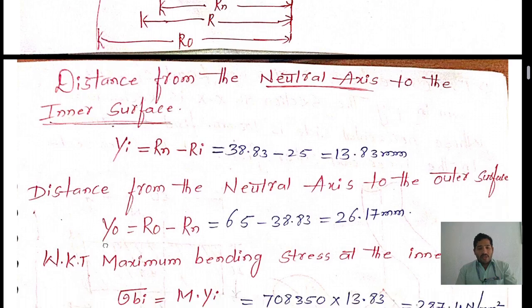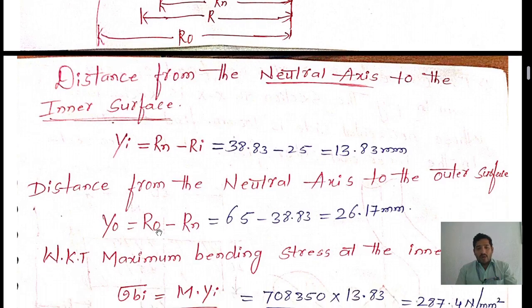The outer radius is 65, minus the radius of the neutral axis, 38.83. If you subtract, you will get 26.17 mm. So this means the distance from the neutral axis to the outer surface is what we got here.